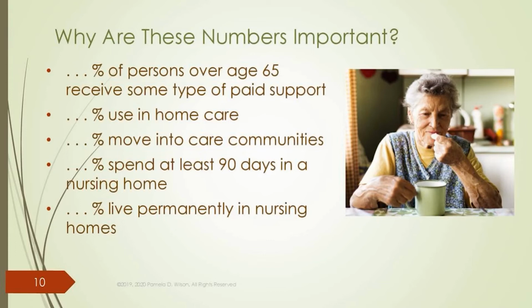It could be paid support from Medicaid, other community programs. 29% eventually use in-home caregivers. 5% move into care communities. 28% spend at least 90 days in a nursing home for some type of health problem or physical disability. And 13% eventually live in nursing homes.